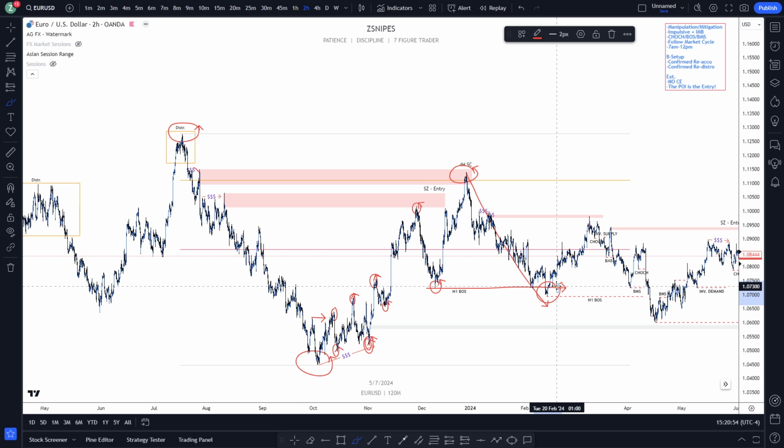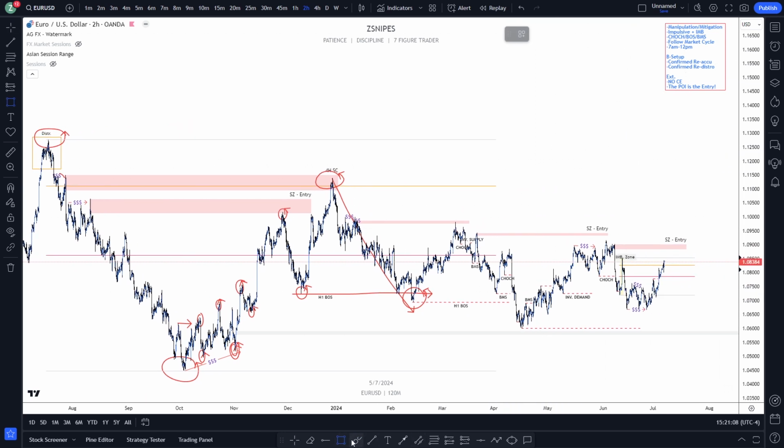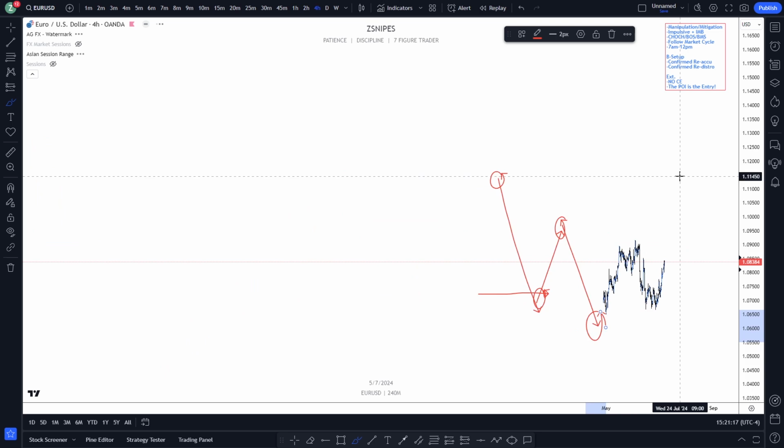What does that tell us? Now we know we can start being aggressive with sellers, because now we have higher time frame and intraday time frame going in the same direction. We know that sellers are in control of this market, and now we can start following this intraday to the downside, as you guys can see here. Now we can start following that internal until we do what?